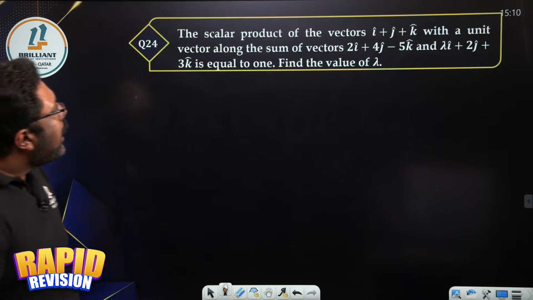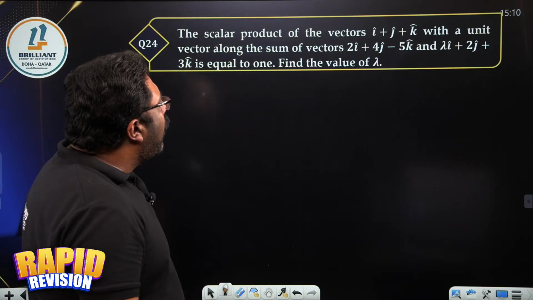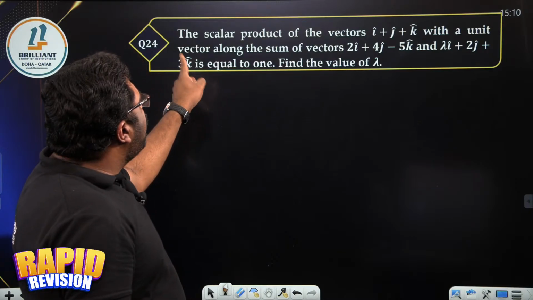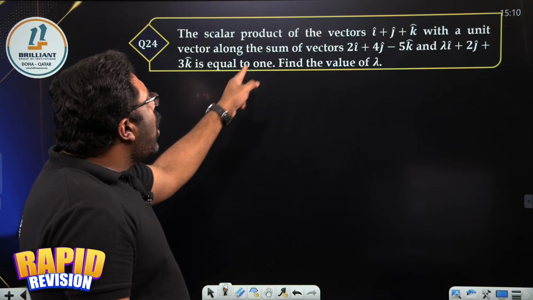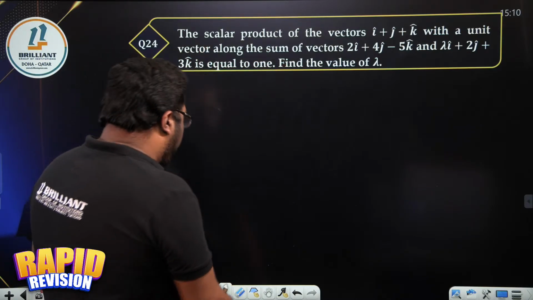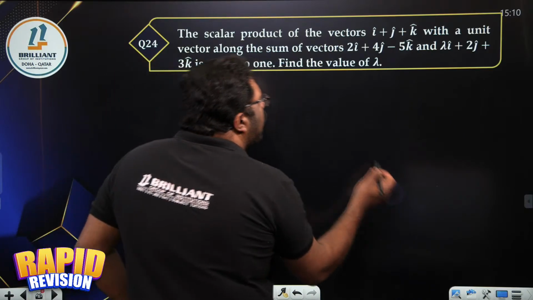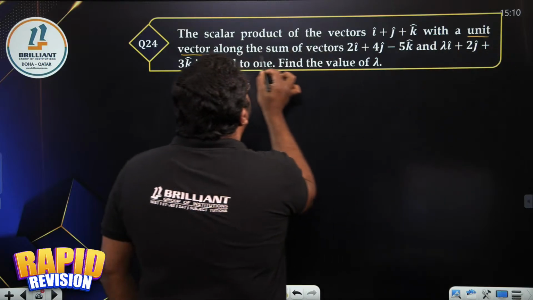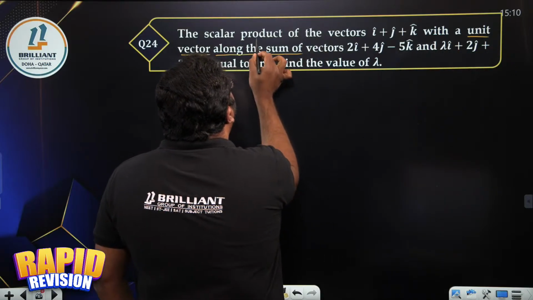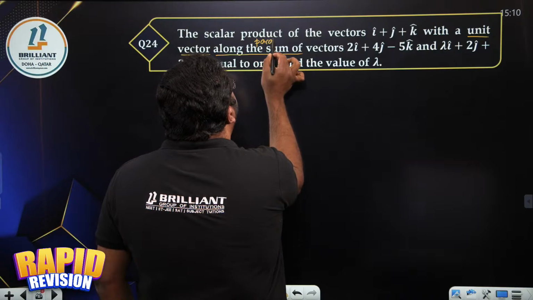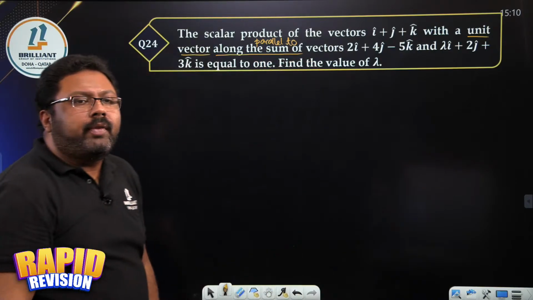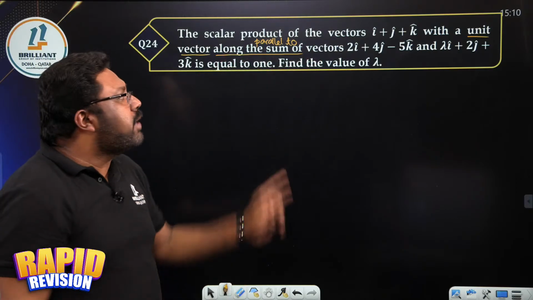Next question. The scalar product of the vector i+j+k with a unit vector along the sum of the two vectors. Along means parallel to. The first question we did was based on this: how to find a vector that is parallel to the sum of.